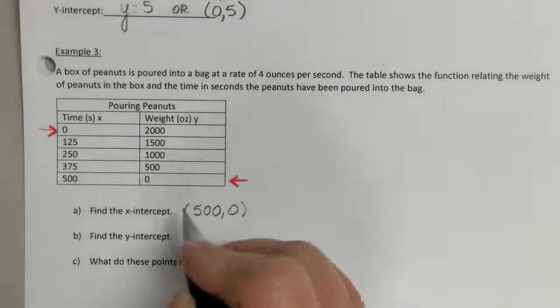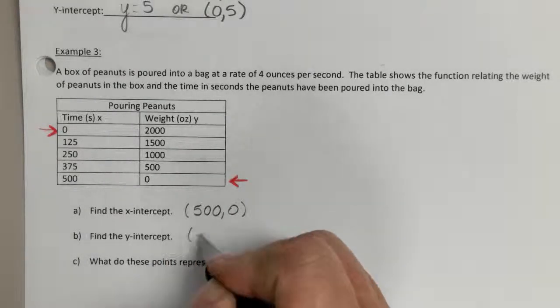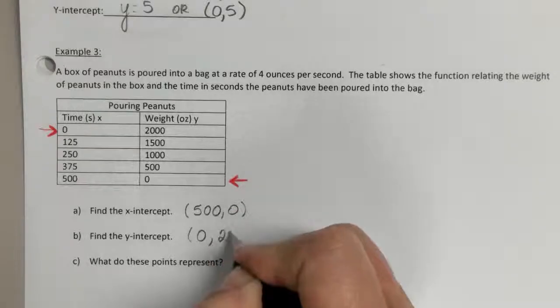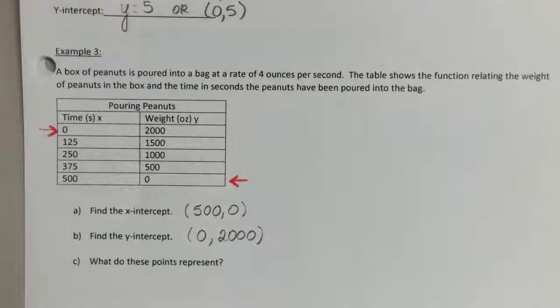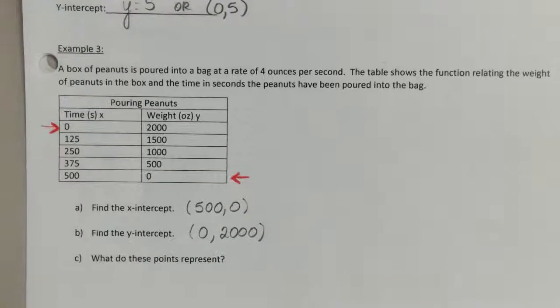And the y-intercept would be (0, 2000). And if we had a graph and we were going to graph this function, we could put those 2 points on the graph and draw our line, and that would be our graph. We would not have to go to the trouble of making a table or using the points in the table.